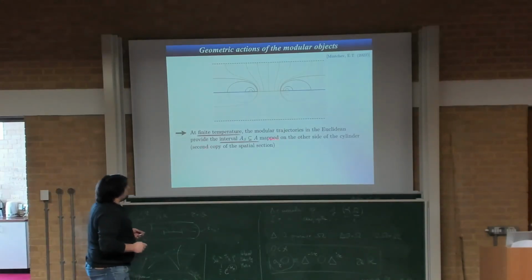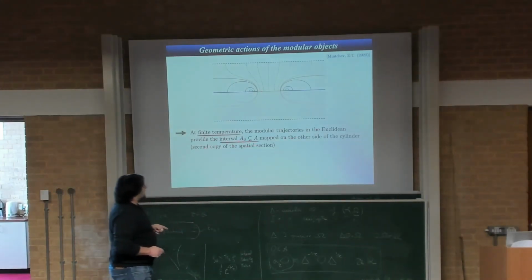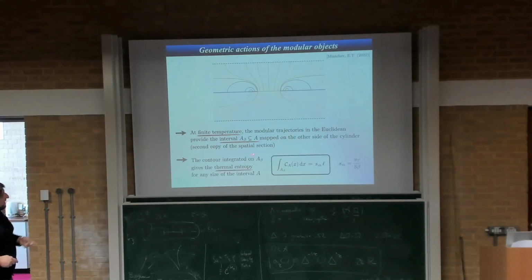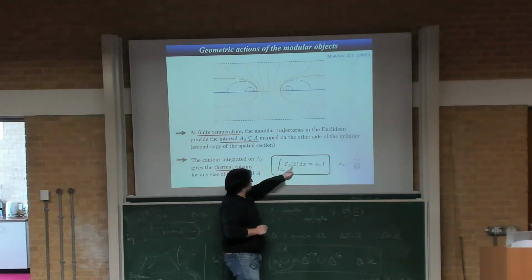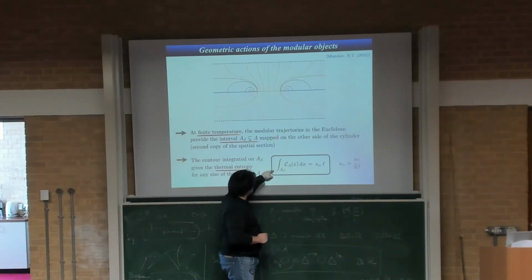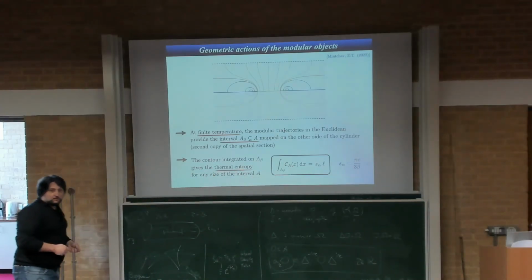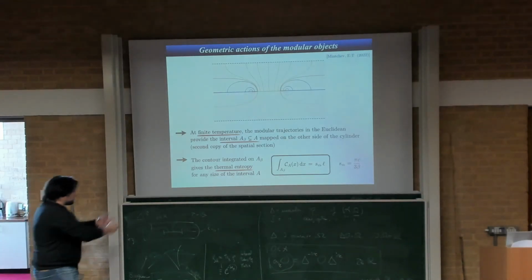So at finite temperature, the modular trajectory provides an interval, alpha beta, the green part, which is mapped to the other side of the cylinder, right? And now, interestingly, if you calculate the contour from the modular Hamiltonian on this green interval, you find exactly the thermal entropy at any beta. So that's my first example.